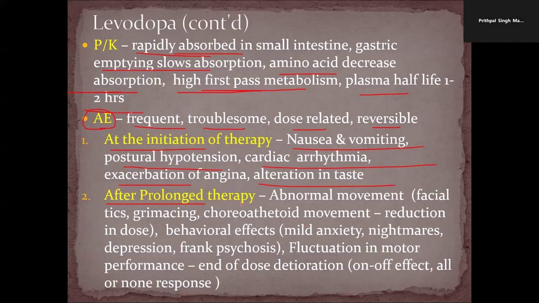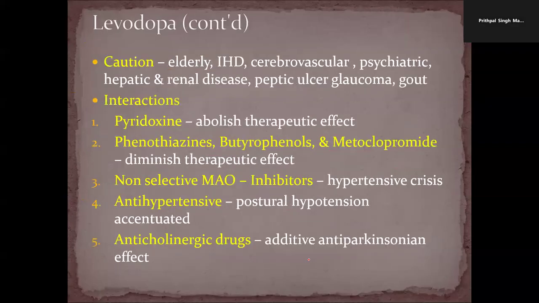After prolonged therapy, we are talking about abnormal movements, such as facial tics and other dyskinesias, which will be taken care of by reducing the dose, and psychiatric effects, which will be mild anxiety, fears, depression. There will be fluctuation in performance, that is a kind of deterioration which happens after therapy, which is the on-off effect or wearing-off response.